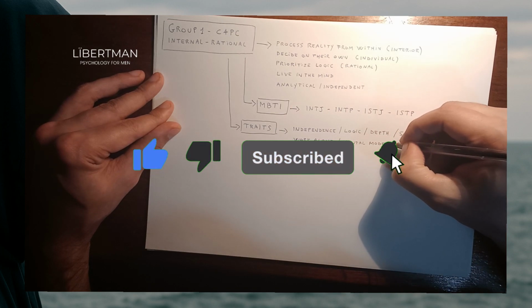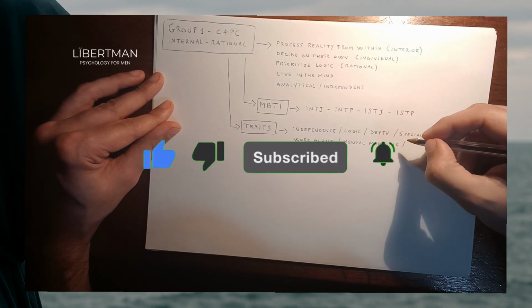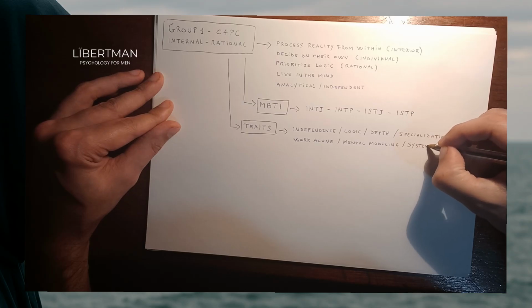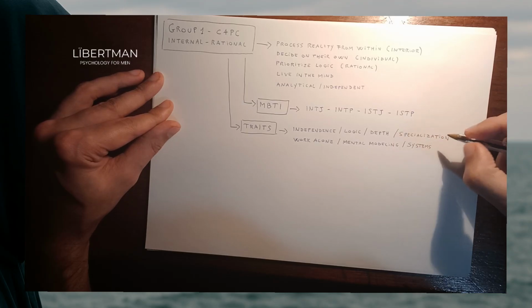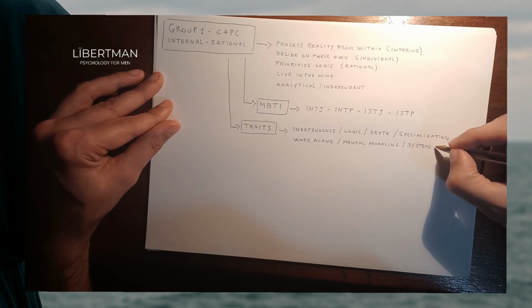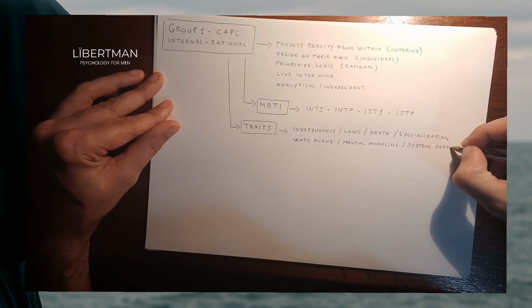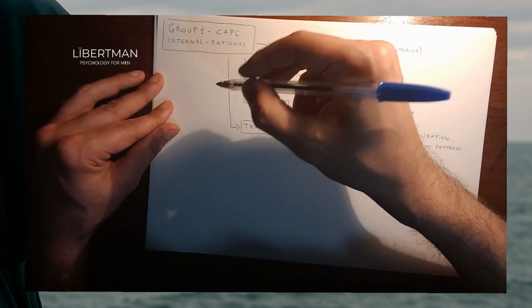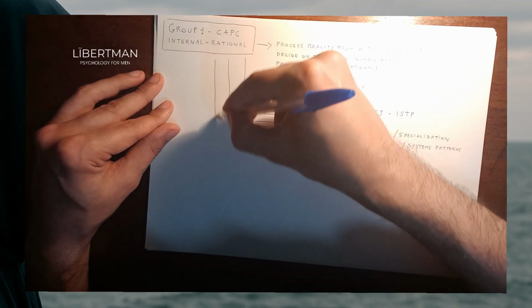The internal rationals are based on ideas, logic, abstraction, while the internal emotionals are based on meaning, values, sensitivity. A simple example: the internal rational asks, how does it work? While the internal emotional asks, what does it mean for me?